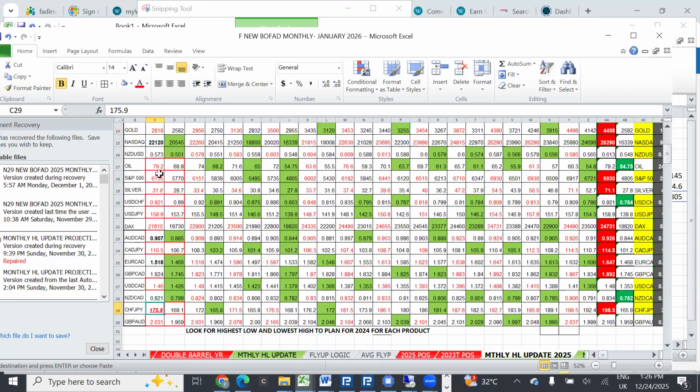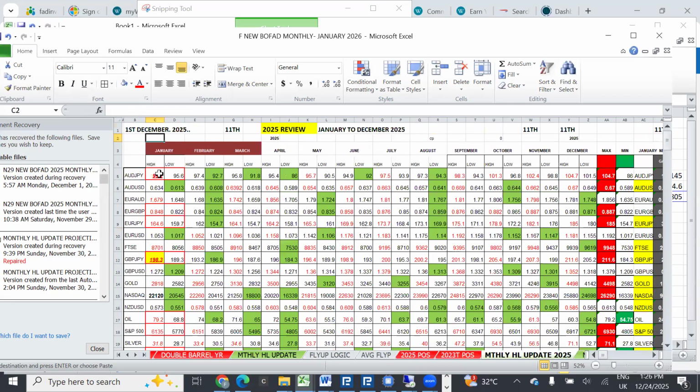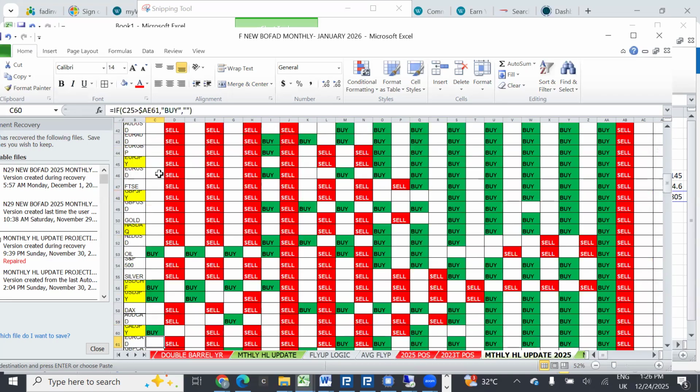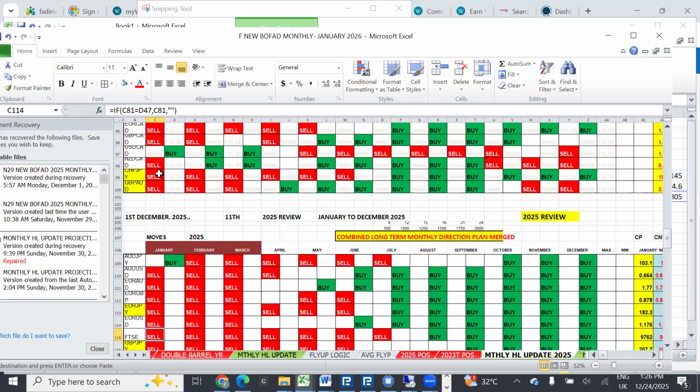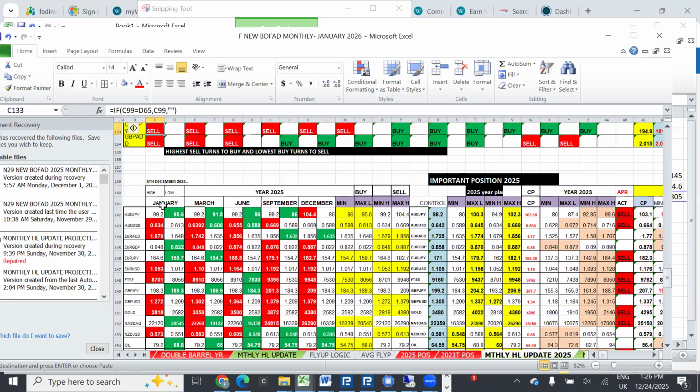Let me show you more of the important information on this sheet. At the bottom here, for example, I have the January updates, highest and lowest for January. I have the highest and lowest as at March, as at June, the cumulative September, and this is December.